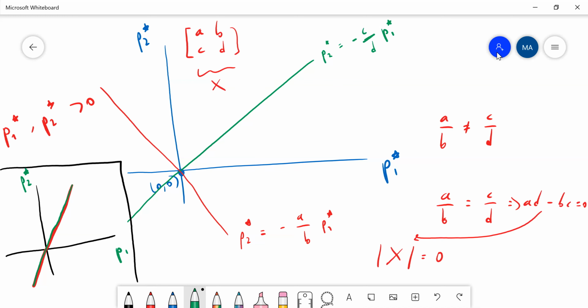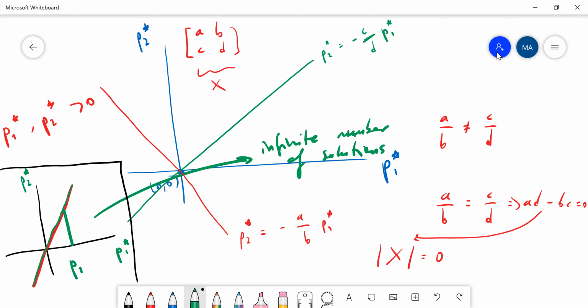You have P1*, P2*, but then you have an infinite number of solutions, right? Why? Well, because you didn't impose price normalization. Now, if you impose a normalization such that P1 is equal to 1, that becomes your price normalization, then you can find P2*.